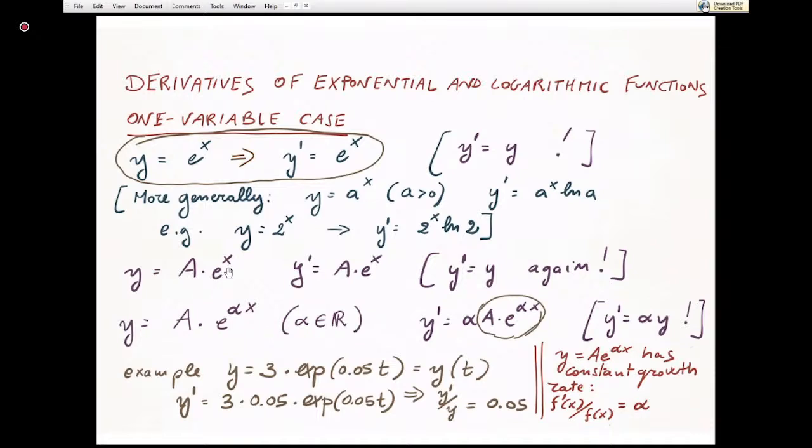Is there any other case that you can imagine of a function having the derivative equal to the function itself? Identically means for any x. I would say there is one very trivial function, which is f of x equal to 0 constant. If a function is equal to 0, the derivative is 0.